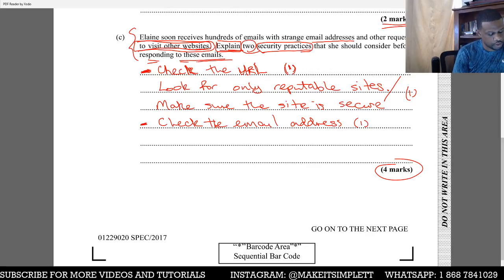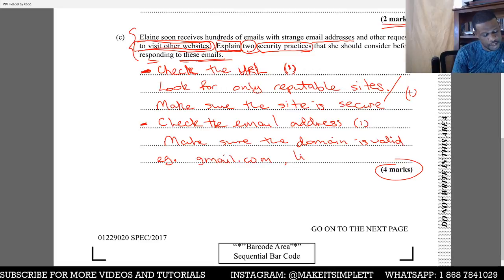And you want to make sure the domain is valid. Example, email.com or live.com, something like that. So that's the next mark that you'll get there.